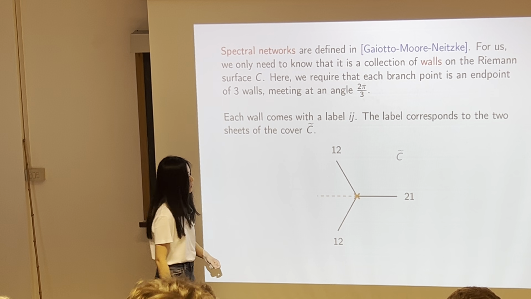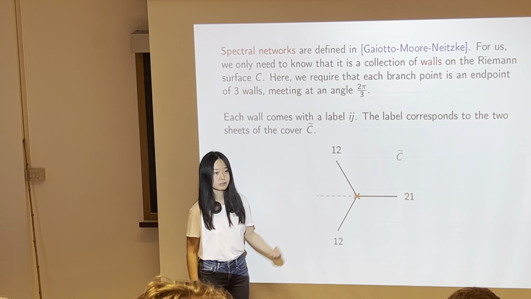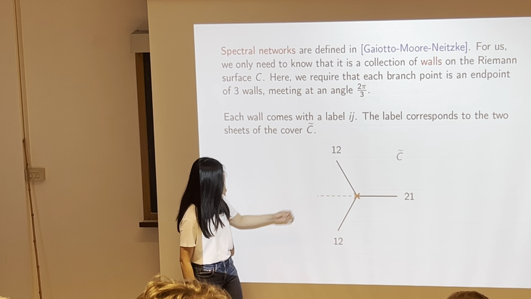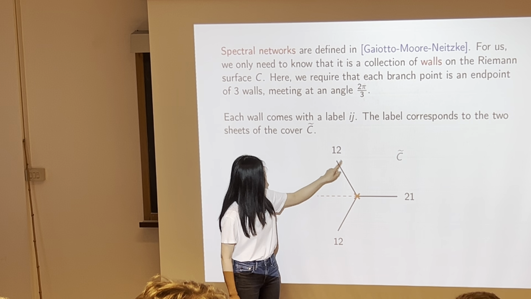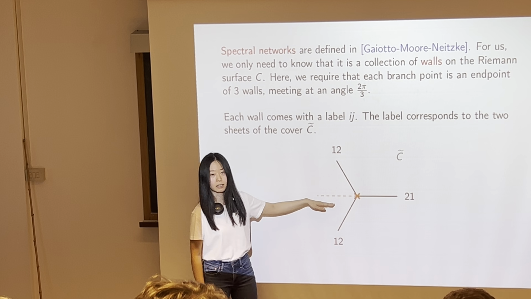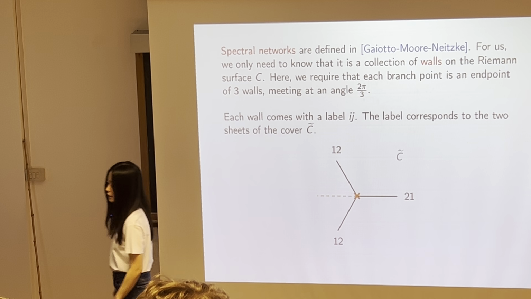So each wall here comes with a label ij, and they correspond to the 2 sheets of this double cover C tilde, and they should be alternating. So here is changing from 1, 2 to 2, 1, and 2, 1 to 1, 2. And this dashed line here represents a branch cut, so it has 1, 2 on both sides.